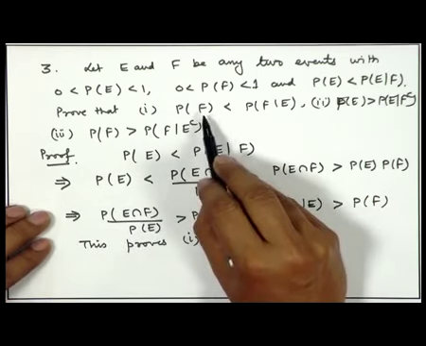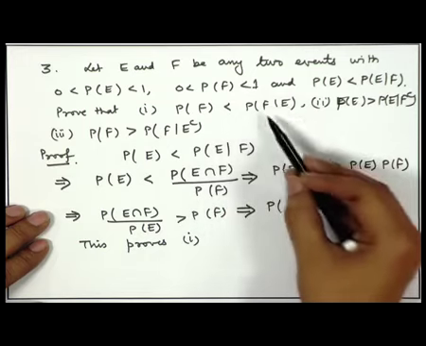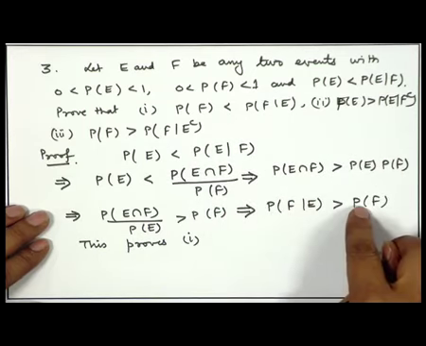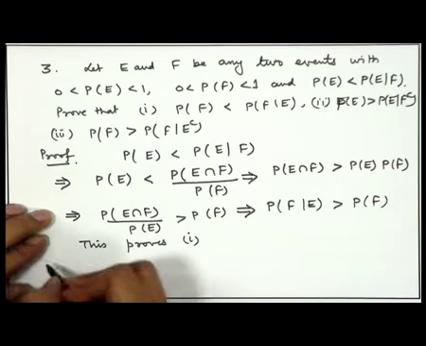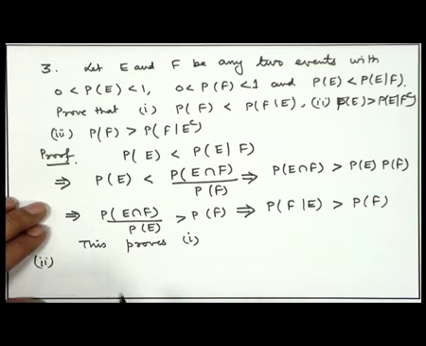In the statement 1, we were supposed to prove probability of F is less than probability of F given E, which is established here. Now, let us take the second one.